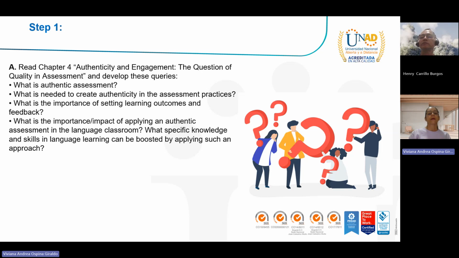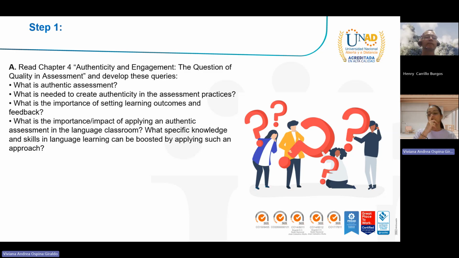So it's important that we use authentic assessment in the language classroom because of the reasons that we shared: they will have more critical thinking skills, they will be more creative, they will be able to take responsibility for what they're doing, and the students will also learn to look at real life with other eyes, to understand the importance of real situations. More than that, they learn how to do something with what they are learning.